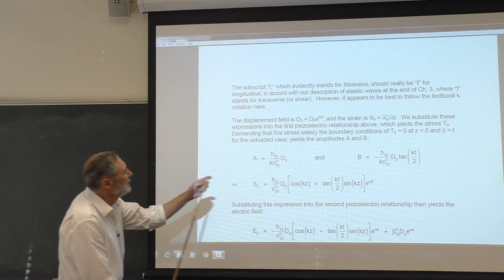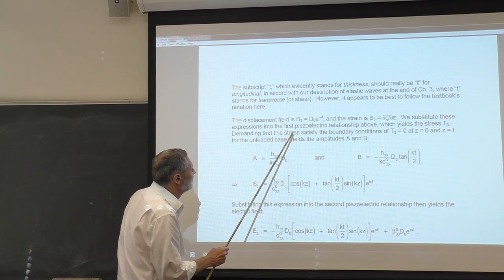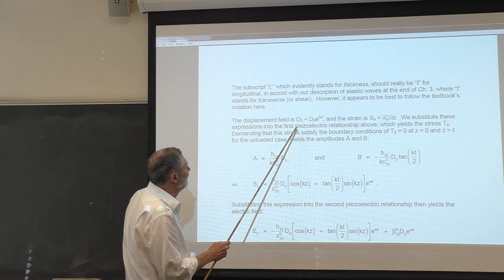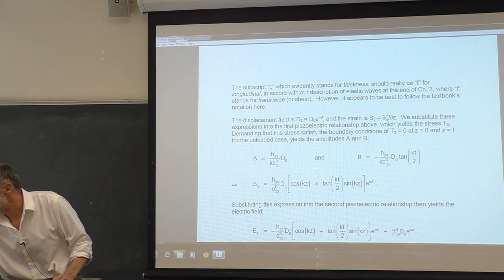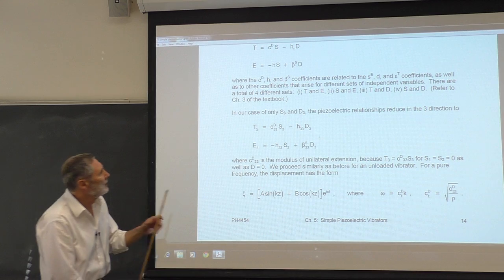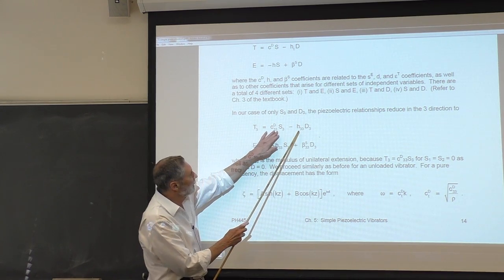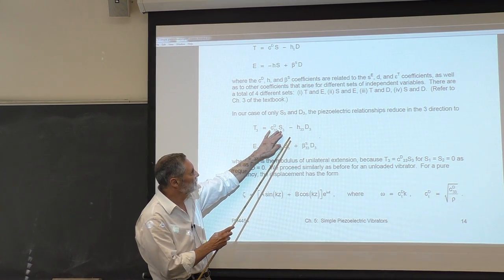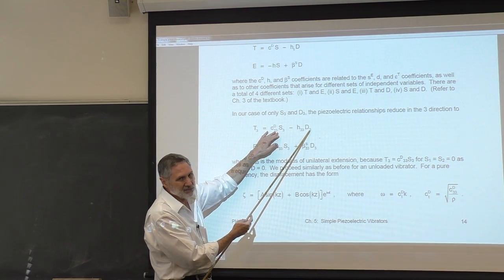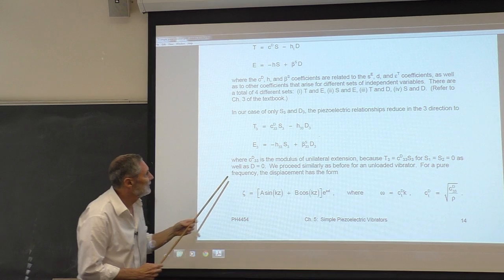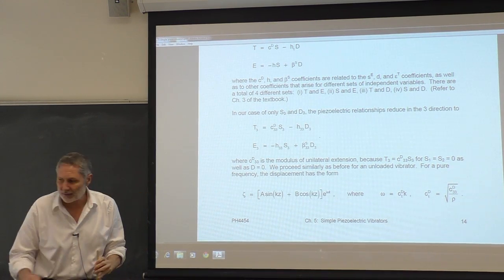We substitute the strain and the displacement field into the first relationship. So we've got an expression for the strain. This is really simple, just uniform. That allows us to find the stress.